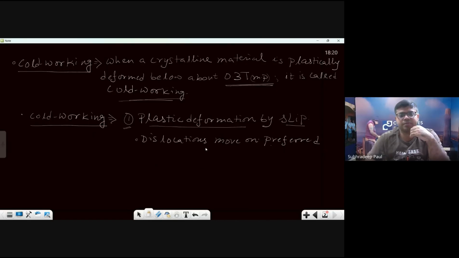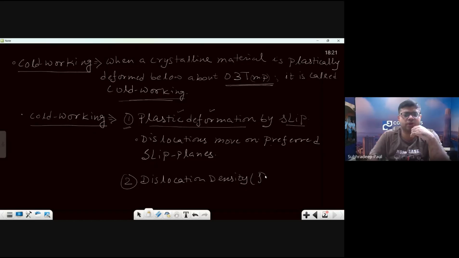And because of this plastic deformation, the dislocation density drastically increases. The dislocation density, which we call rho, increases drastically during cold working.